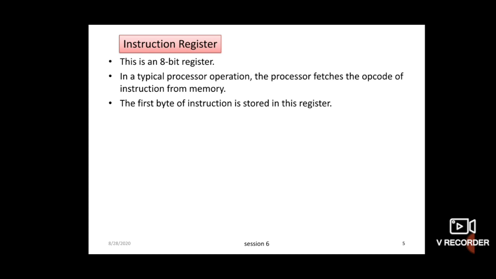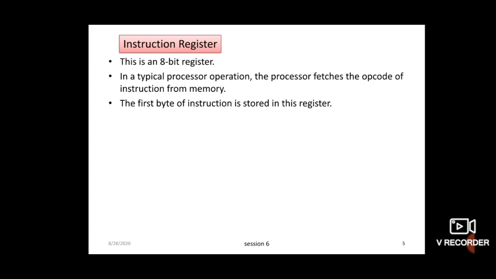In this instruction register, the processor first fetches the opcode of the instruction from memory. See, the processor means which processor? The microprocessor first fetches the opcode of the instruction from memory and stores this opcode in the instruction register.